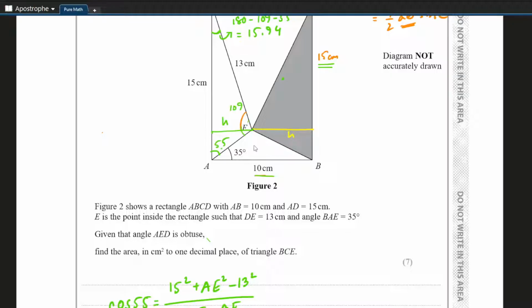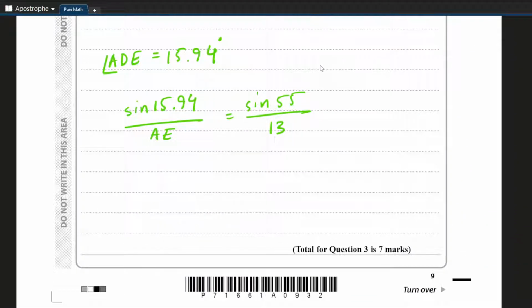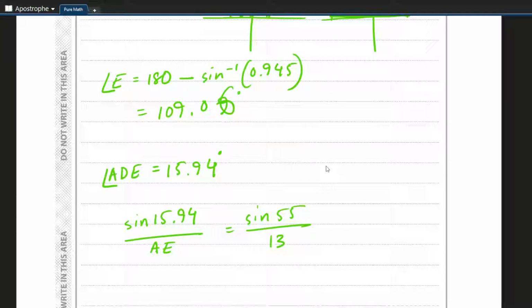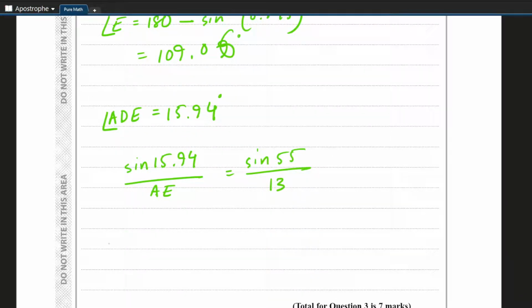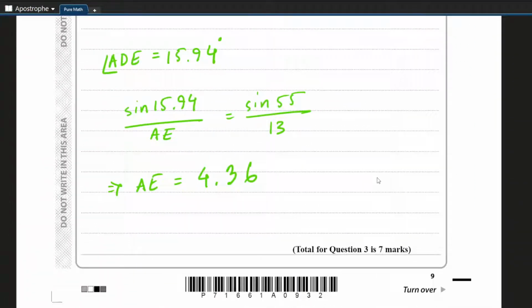So I usually like to use the values that were directly given in the question or that were not rounded. But if you use the other one, you still get similar values. Then AE is equal to sine 15.94 times 13 divided by sine 55, which is 4.36. We got the exact same value, 4.36.